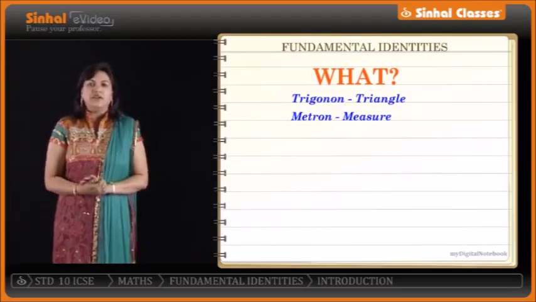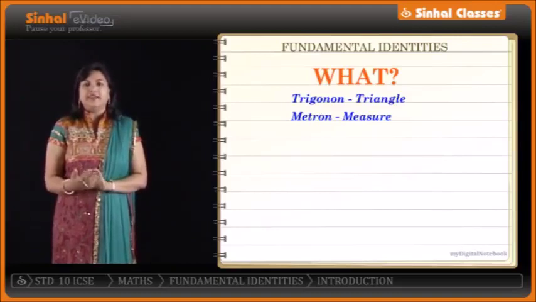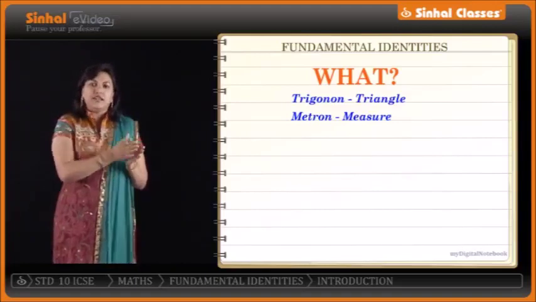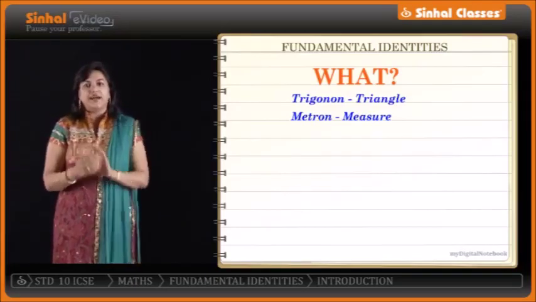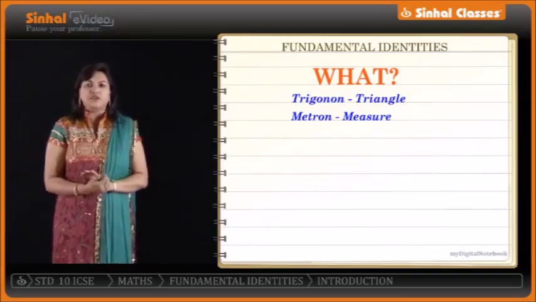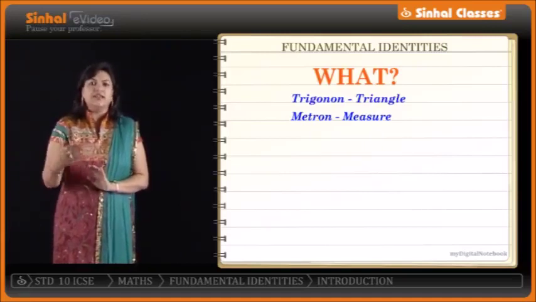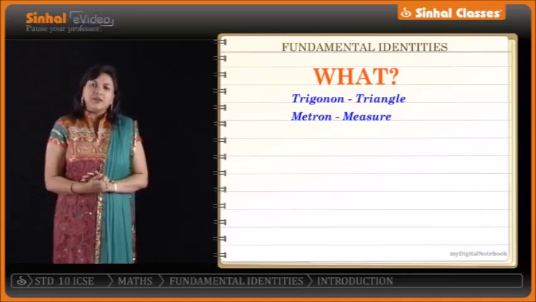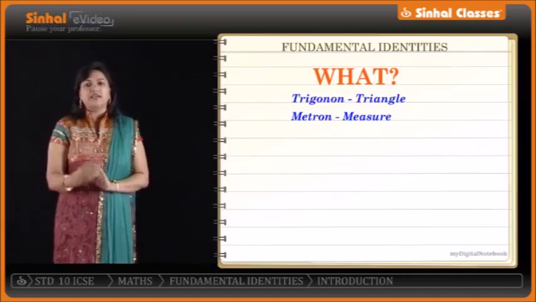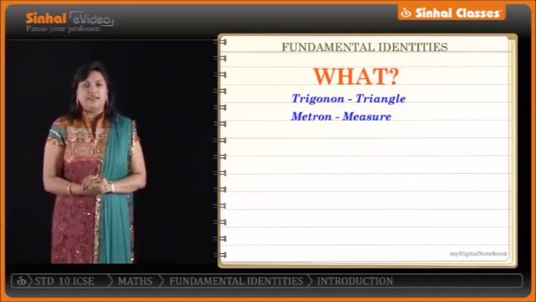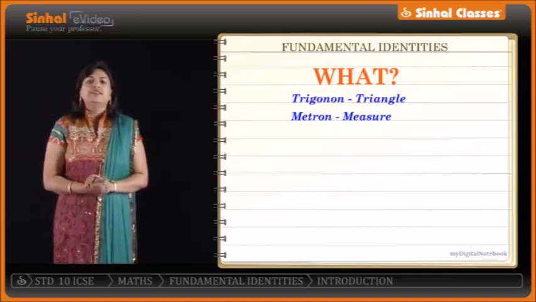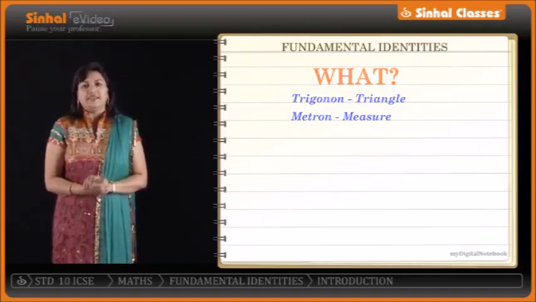In trigonometry, there are infinite number of trigonometric identities which are nothing but equations with a left hand side and a right hand side with trigonometric ratios such as sine, cos, tan and so on. Furthermore, there are three basic trigonometric identities which are called the fundamental identities.